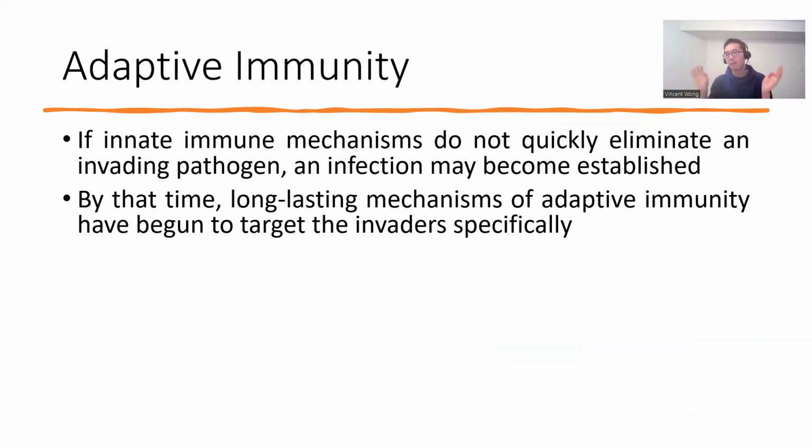It's not designed to fight a specific thing, so it's good for weak everyday pathogens. If you eat your sandwich without washing your hands, you are consuming some pathogens along the way. Those are okay. Your innate immunity is going to be able to take care of it.